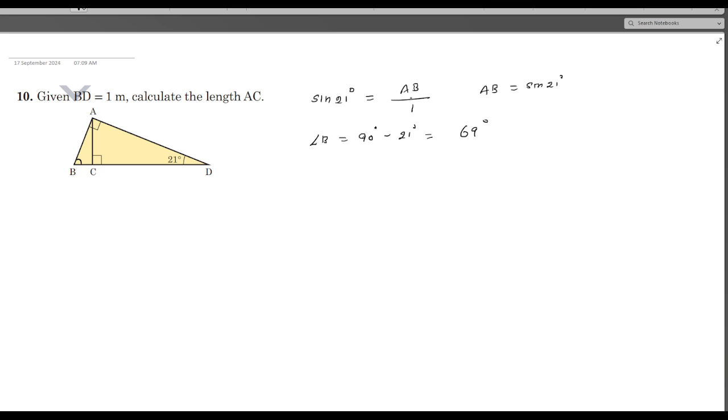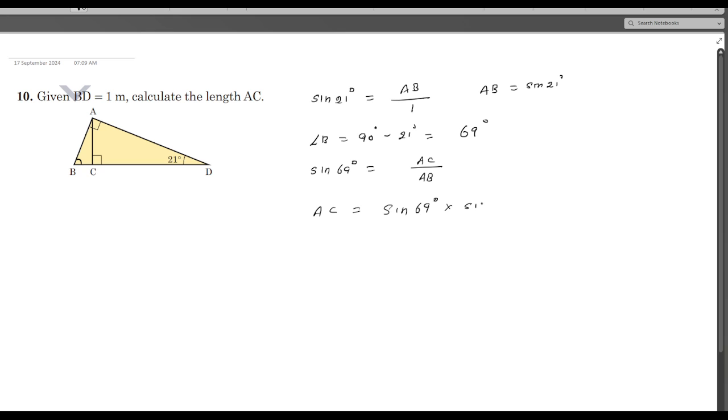Now, as I know AB, I will use sine of 69 degrees as AC divided by AB. So your AC is equal to sine of 69 degrees times sine of 21 degrees.